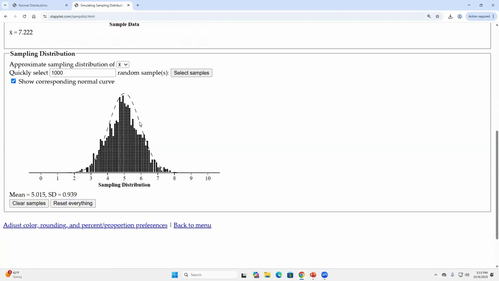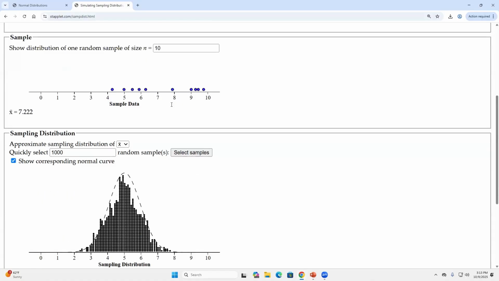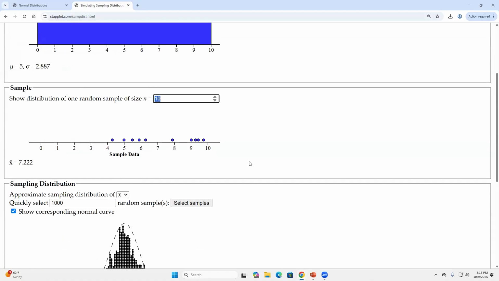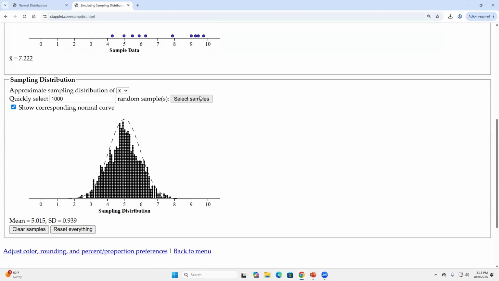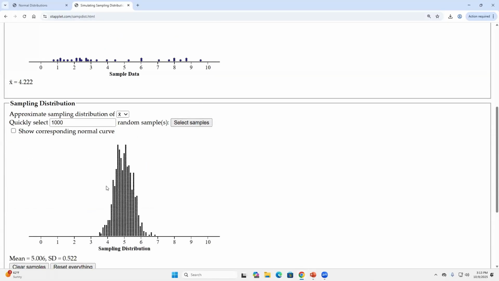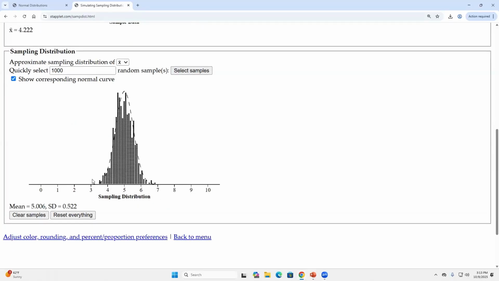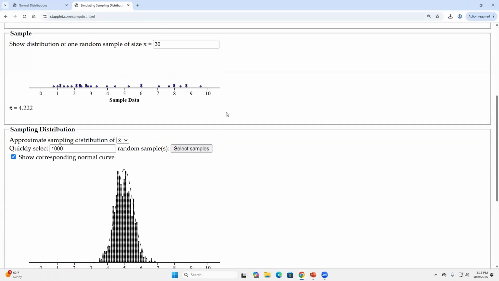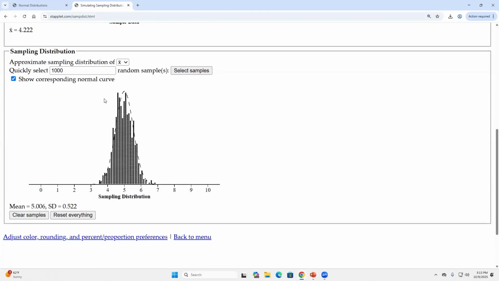But importantly, it's turning into a normally distributed population. And the higher the size of your sample, two things are going to happen. The higher the size of your sample, the less spread your sampling distribution is going to have.